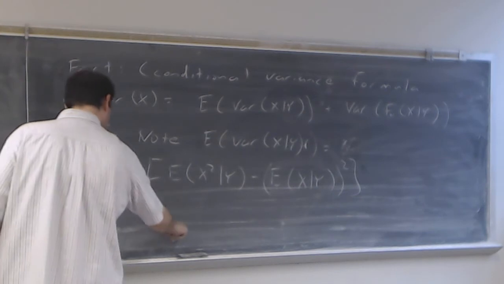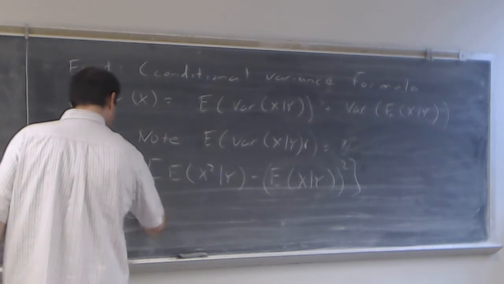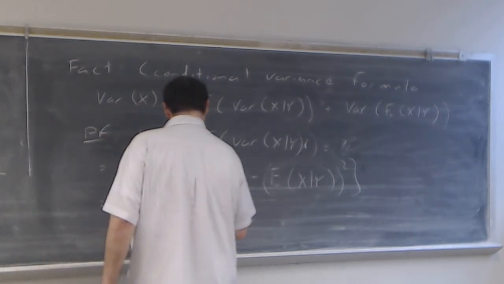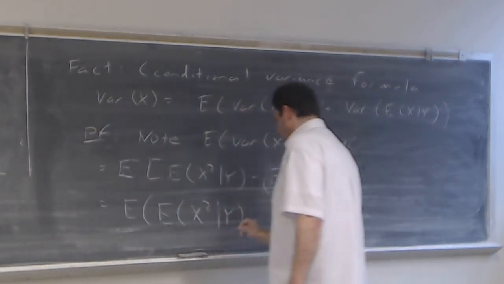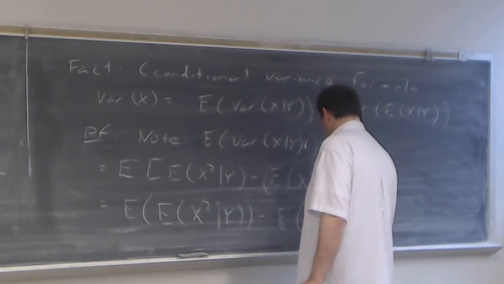We're subtracting them, and the expected value of a difference is the expected value of the first minus the expected value of the second.